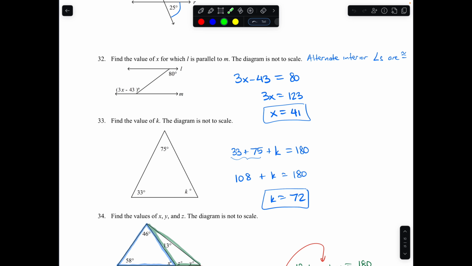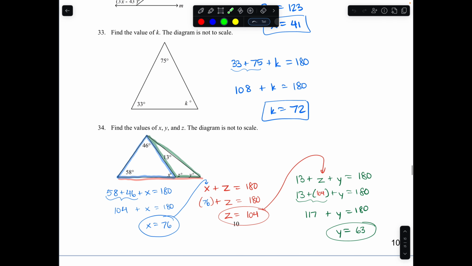So we can still set 3x minus 43 equal to the measure of its alternate interior angle, 80. Solve for x, and we'll find that x is 41. So what we're saying is that if x is 41, then we can conclude that the lines L and M would have to be parallel, because alternate interior angles would be congruent.